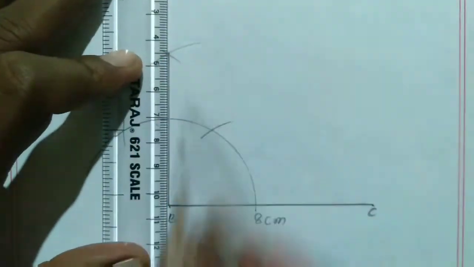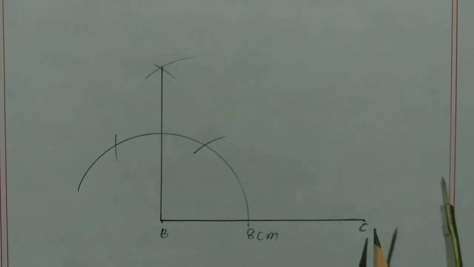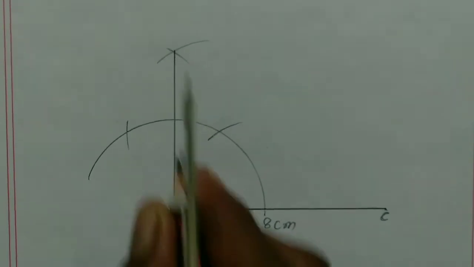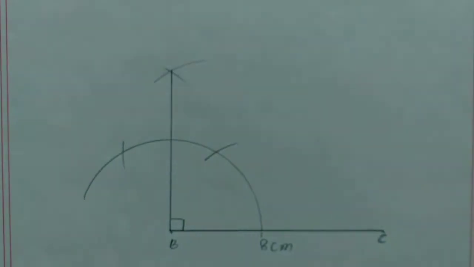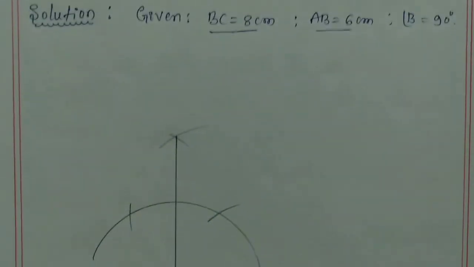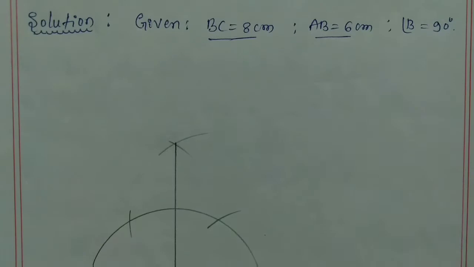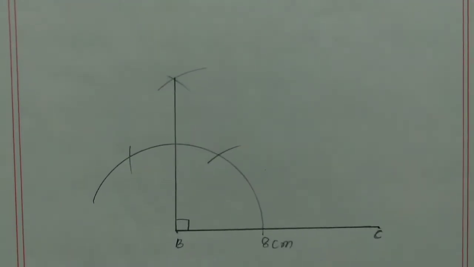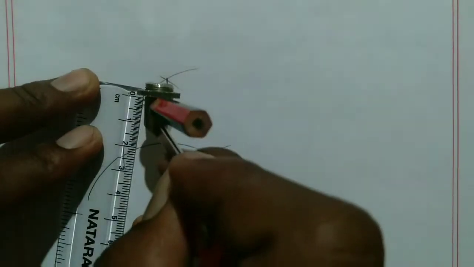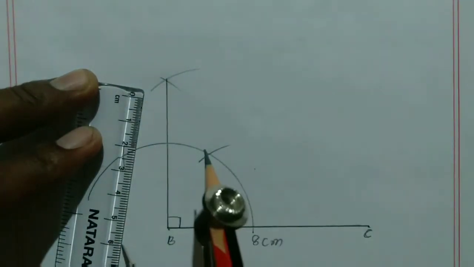Okay, so this is B, this is C, then you will get here the A vertex. Already given AB is 6 centimeter. With the help of a compass you can take 6 centimeter and keep on B point.